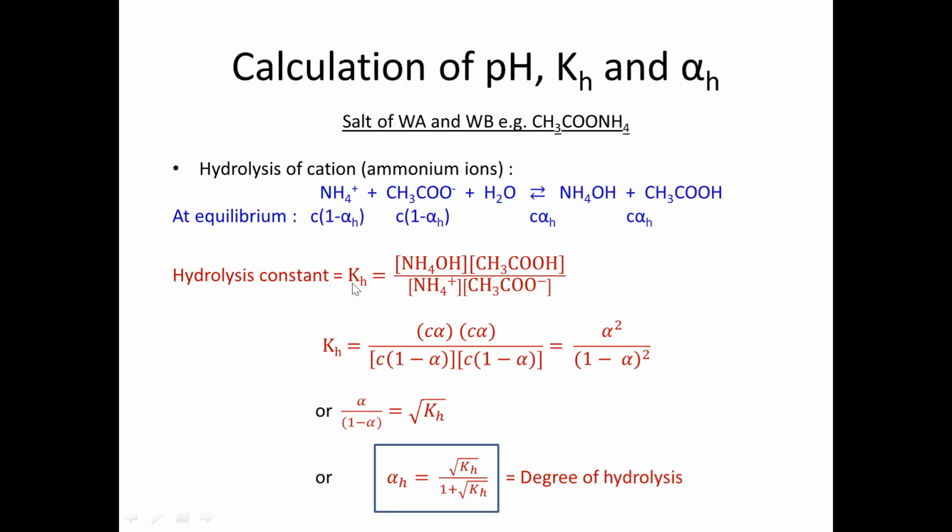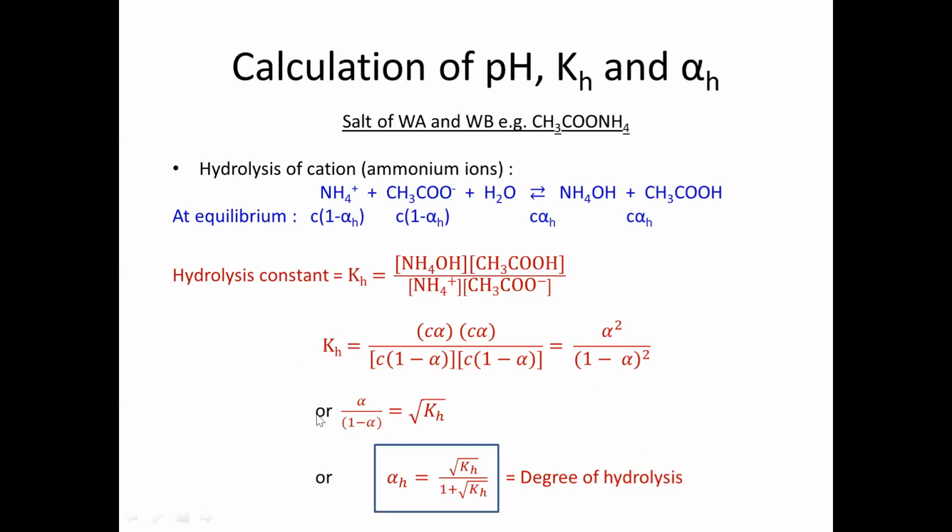So the expression for the hydrolysis constant can be written as the concentration of products upon the concentration of reactants. Substituting their amounts, we get Kh equal to alpha square upon (1 minus alpha) square. So interestingly, you will see here that the hydrolysis constant does not depend on the initial concentration of the salt itself. It only depends on the degree of hydrolysis.